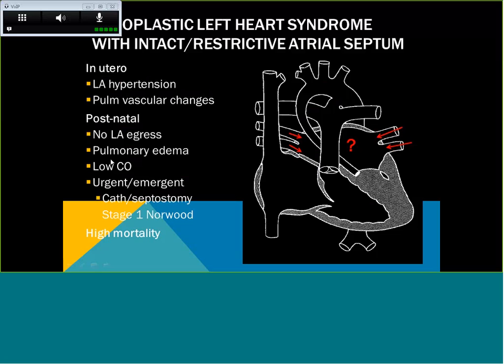This is the type of patient, very similar to the one that we discussed earlier, who may need an urgent or emergent cath and/or septostomy or surgery and/or a stage 1 Norwood. And these are associated with a particularly high mortality.